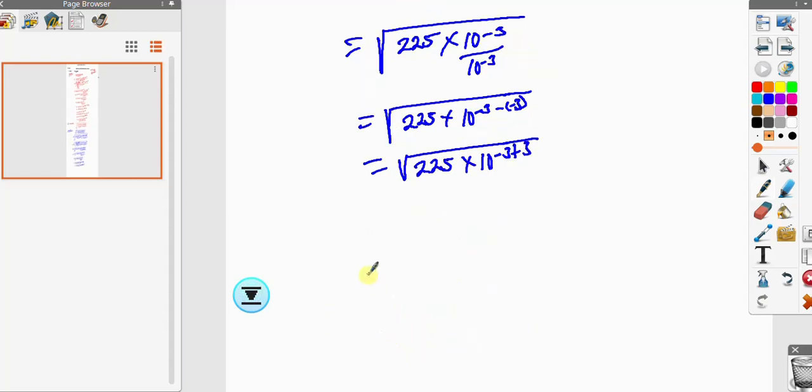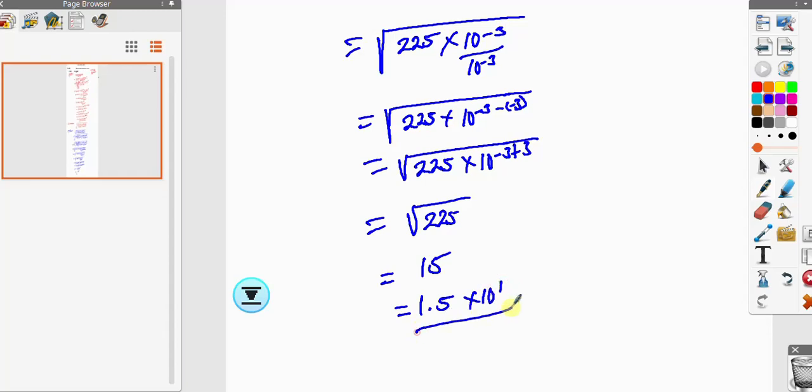So what we are going to remain with now is the square root of 225. We find the square root of 225, it will be 15, so it will be 1.5 times 10 raised to power 1. This is the answer.